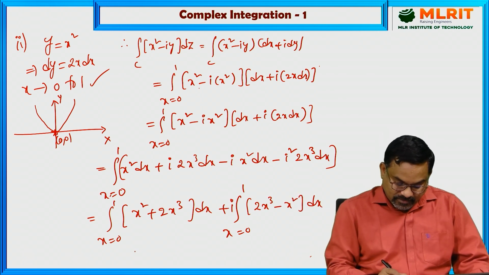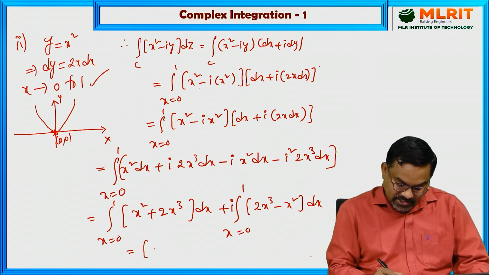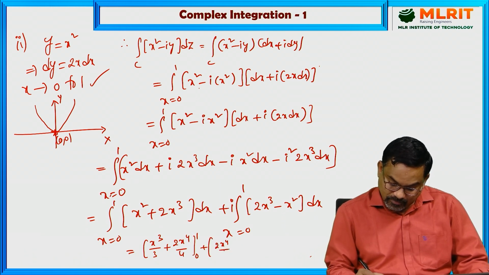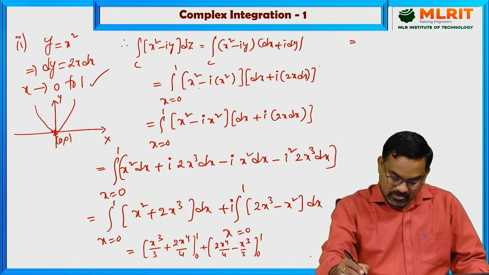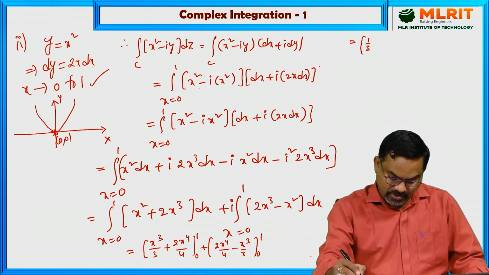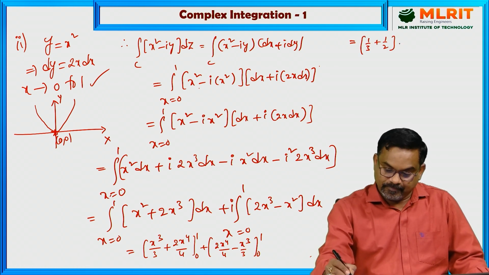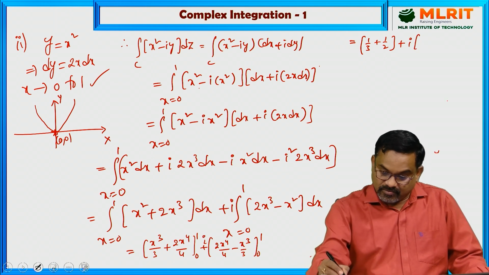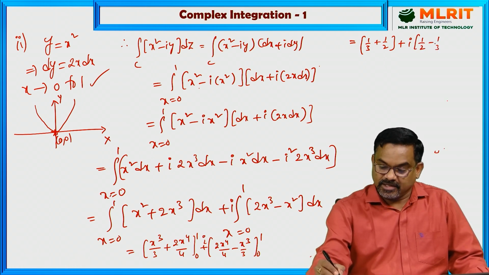So that's equal to, now integration: x cube by 3 plus 2x power 4 by 4, from 0 to 1, plus i into 2x power 4 by 4 minus x cube by 3, from 0 to 1. So by applying the upper and lower limits, the upper limit is 1 by 3 plus 1 by 2, plus i into 1 by 2 minus 1 by 3, and the lower limit is 0.